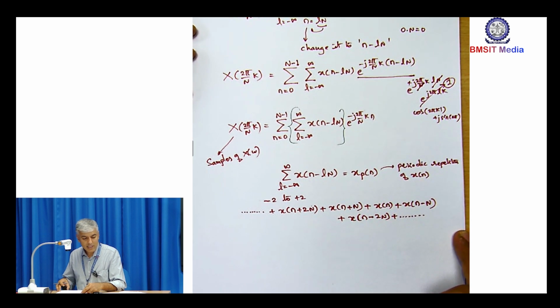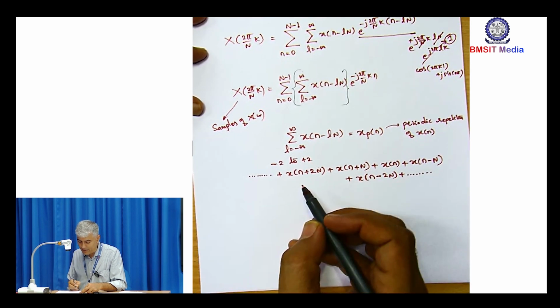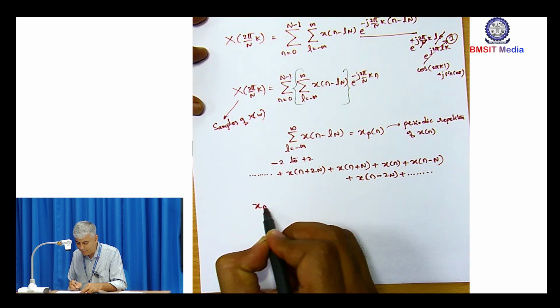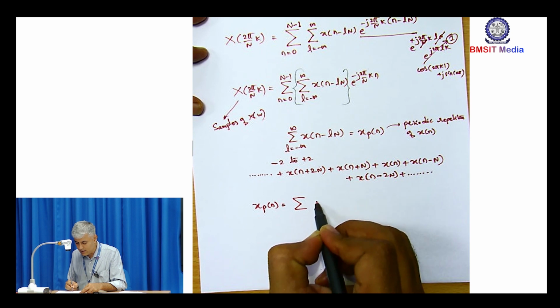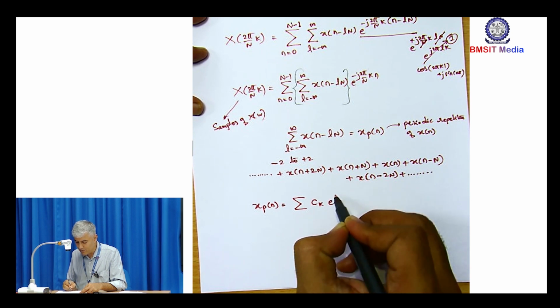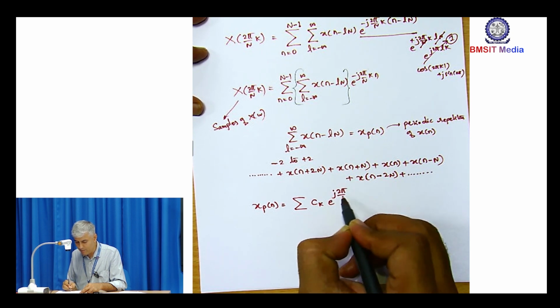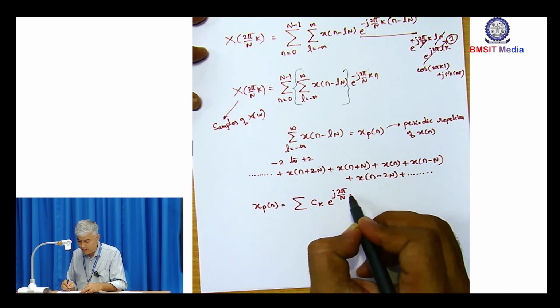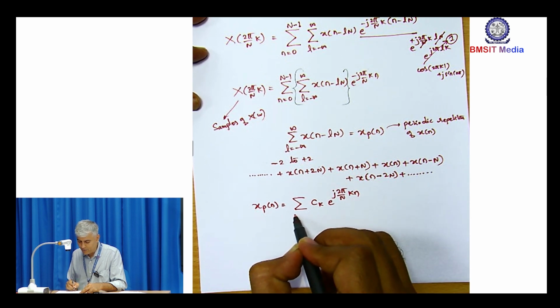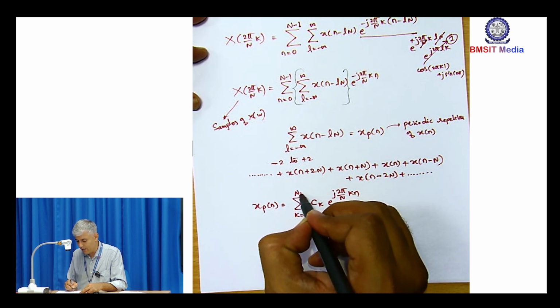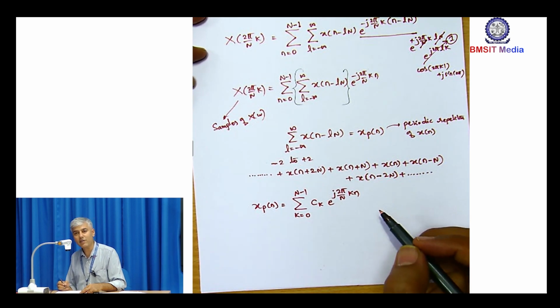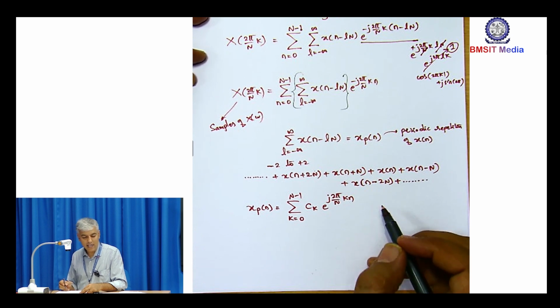So, I can represent xp of n with this Fourier series, which will be summation ck e raised to j 2 pi by n kn. How many samples do we have? k goes from 0 to n minus 1, that is totally n samples.